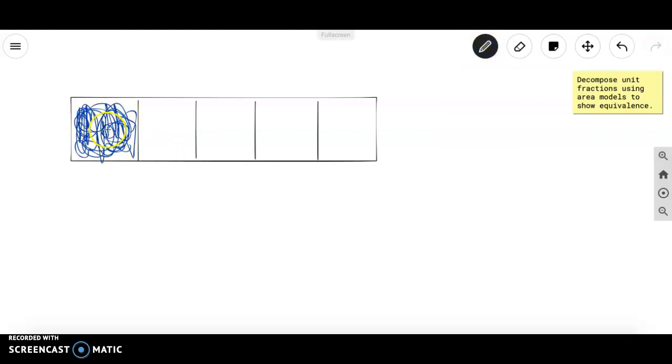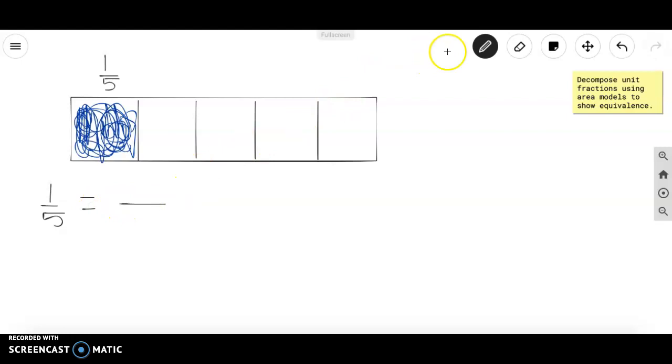So I have one piece shaded out of 1, 2, 3, 4, 5 total pieces. So I'm working with 1/5. Now, what I want to see is what 1/5 can also be equal to as an equivalent fraction here.